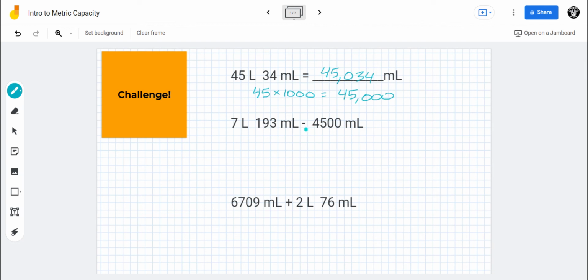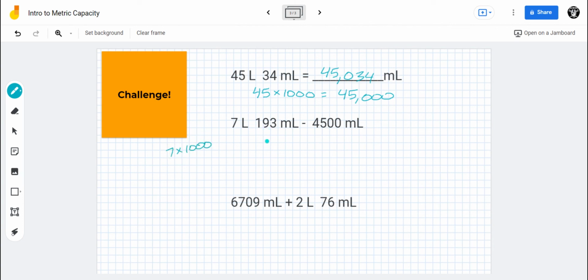Okay, now take a look at this problem. It is a subtraction problem. But I have different units, right? I have 7 liters and 193 milliliters, and then I have 4,500 milliliters there. Well, I don't want to do that without converting them. So I can either change this into liters and milliliters, or I can change all of this into milliliters here. I could do it either way. So for this one, I'm going to say, okay, I know that 7 liters is 7 times 1,000, right?